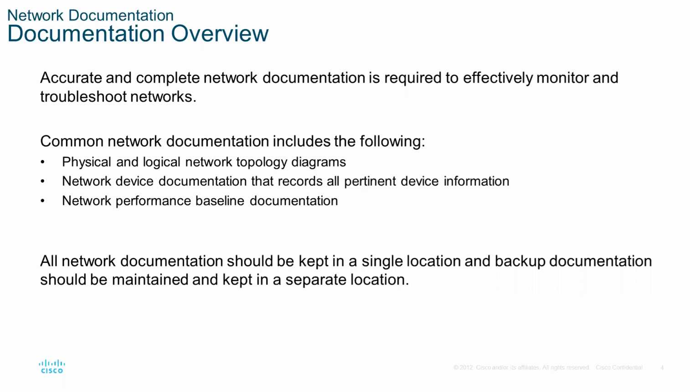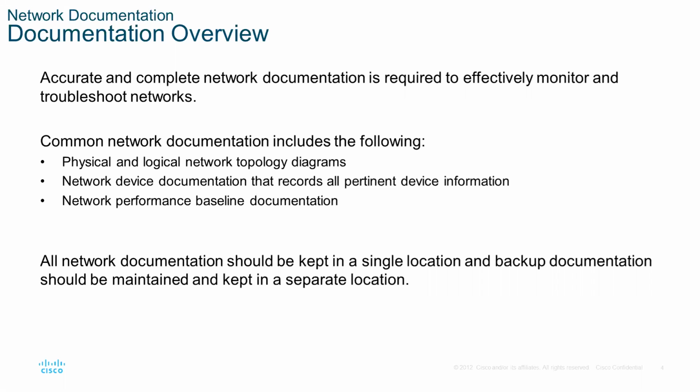The next document we need to concentrate on is our network device documentation, which records individual information about each device, such as what their interfaces are, what their MAC addresses are, what their IP addresses are, what protocols are running out of each interface, that sort of information.